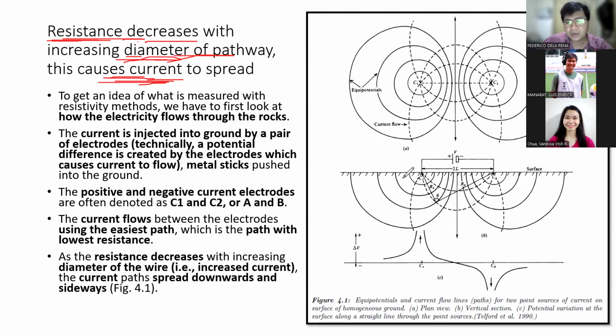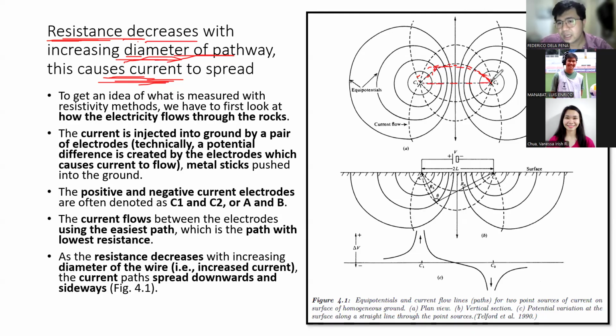So I think the way to illustrate this is that your current will essentially just spread out, right? For example, if this is your current, you're injecting some electrical current into the ground and it's flowing from this way to the other.